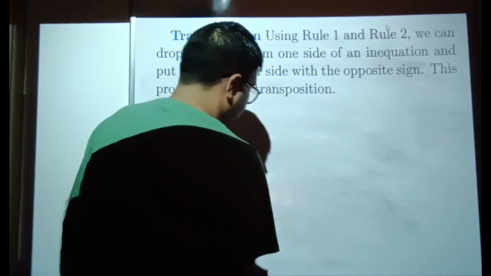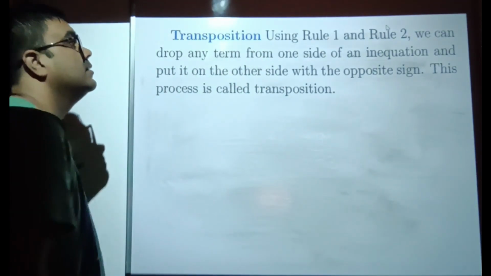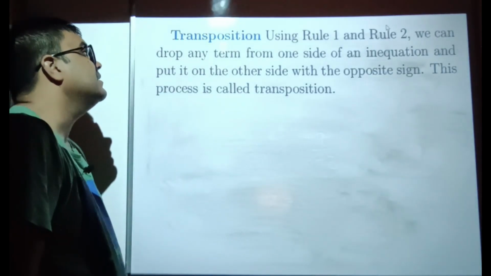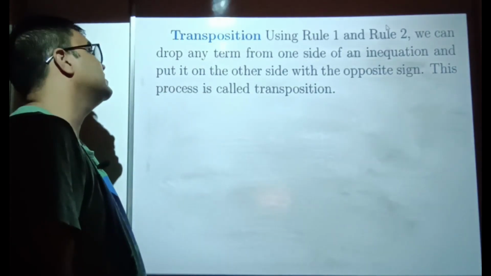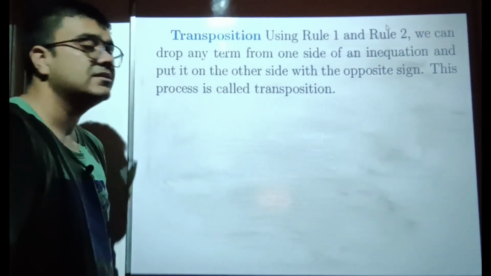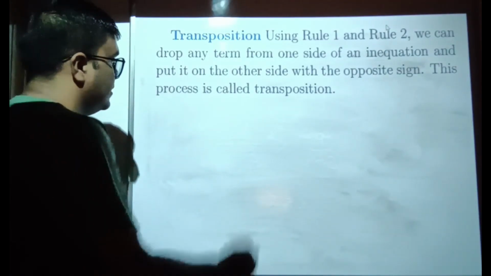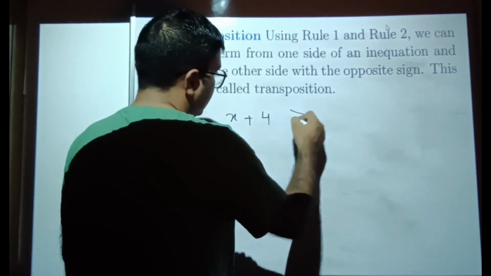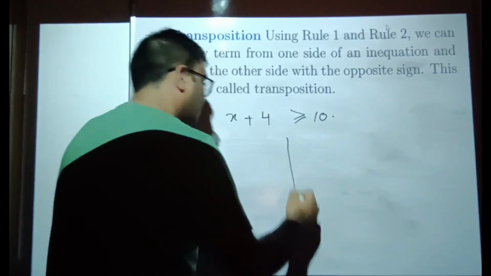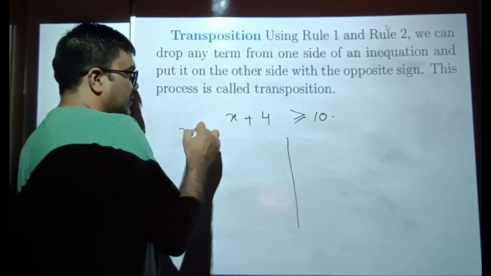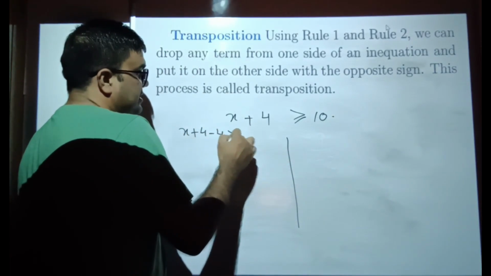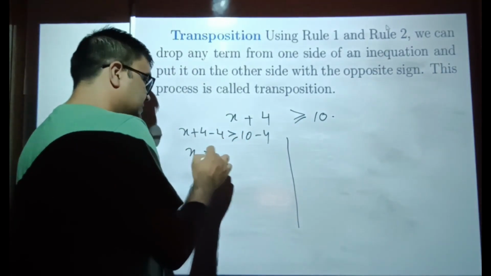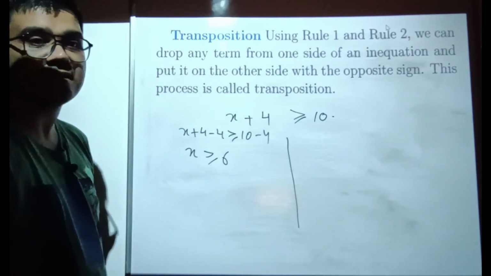Next we have transposition. Using rule 1 and rule 2, we can drop any term from one side of the inequality and put it on the other side with the opposite sign. x plus 4 is greater than or equal to 10. We are talking about two cases. One thing we can do is x plus 4 minus 4 is greater than or equal to 10 minus 4. We write x is greater than or equal to 6.